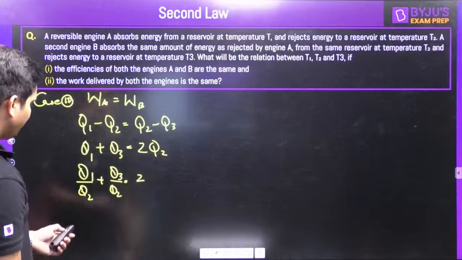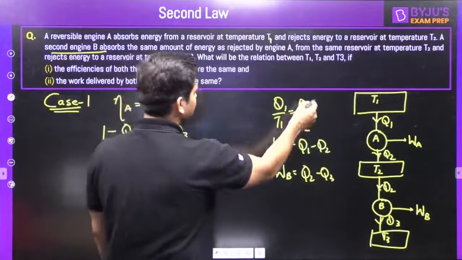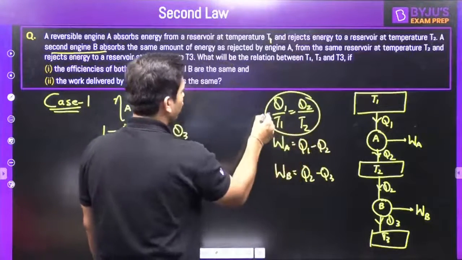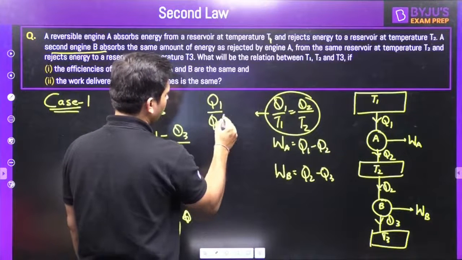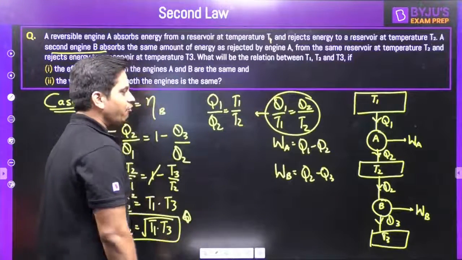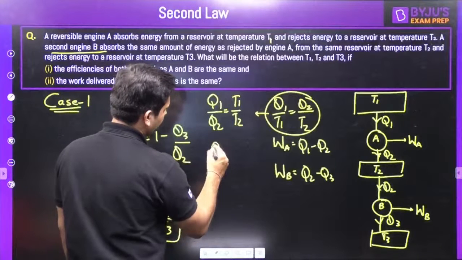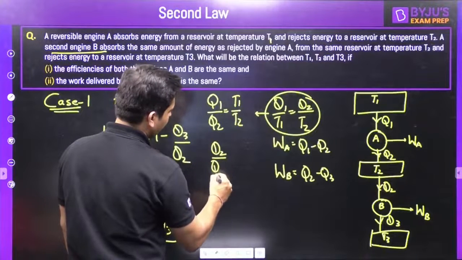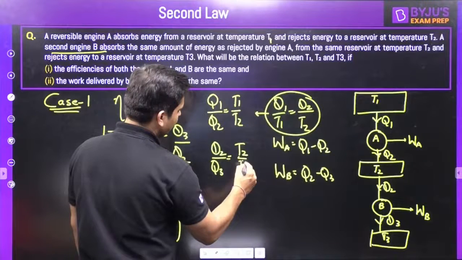Now for reversible engine A, I can write Q1 by Q2 is equal to T1 by T2. Similarly, for reversible engine B, I can write Q2 by Q3 is equal to T2 by T3.